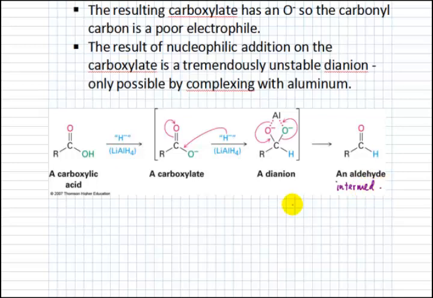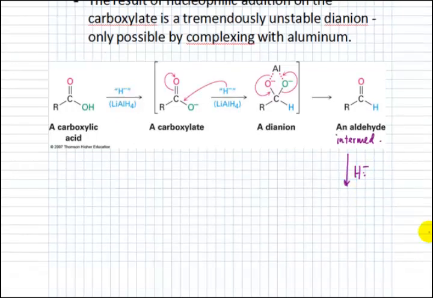Because remember, the aldehyde then reacts with another equivalent of H-, okay, to give us our CH2OH, just by simple nucleophilic addition. H- as step 1, then acidic workup to give the proton.